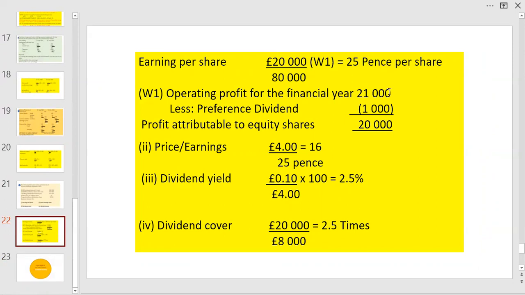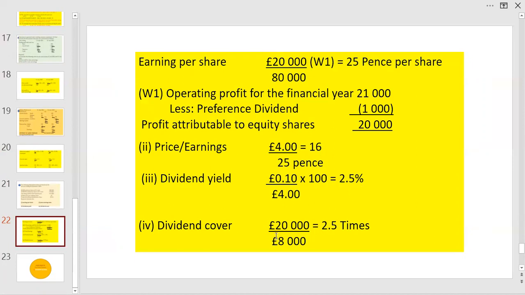The next question is price earning ratio. At the rate of 25 pence per share for the investment of £4, it will take 16 years. Next question is dividend yield, that is dividend proposed in terms of market value of the share is 2.5%.